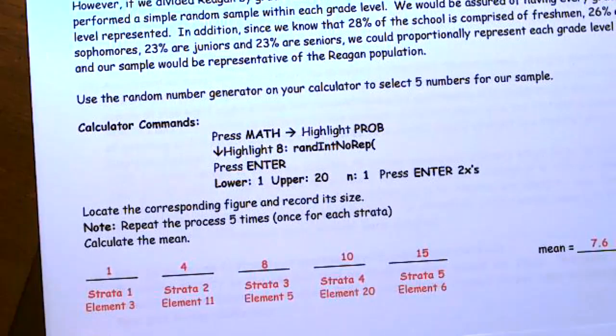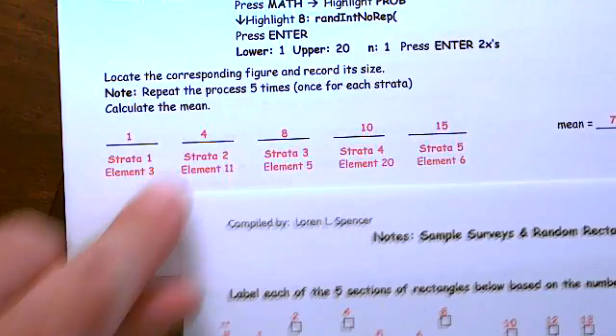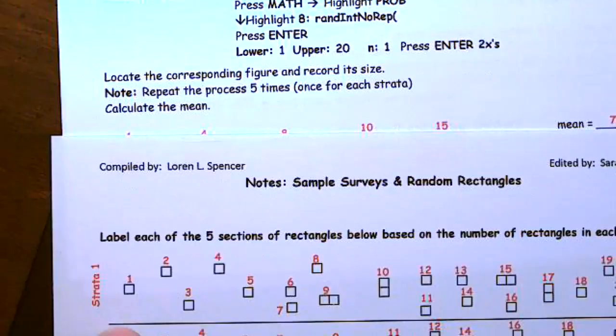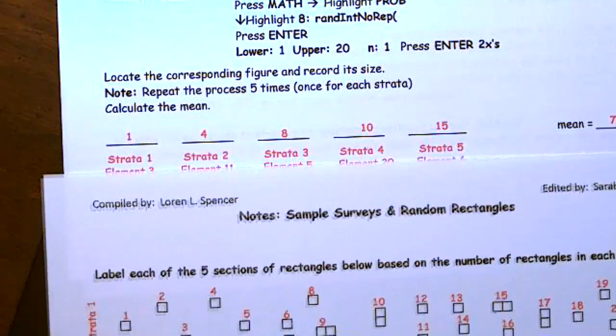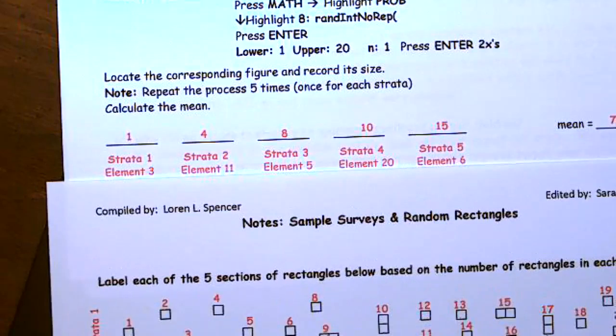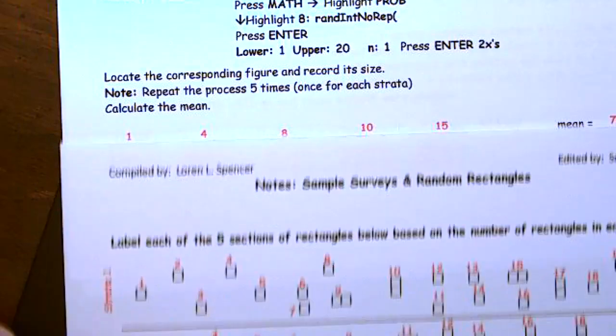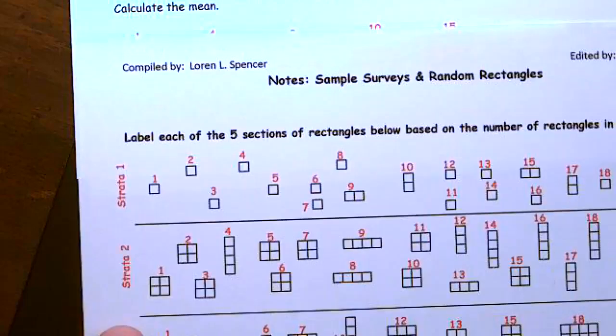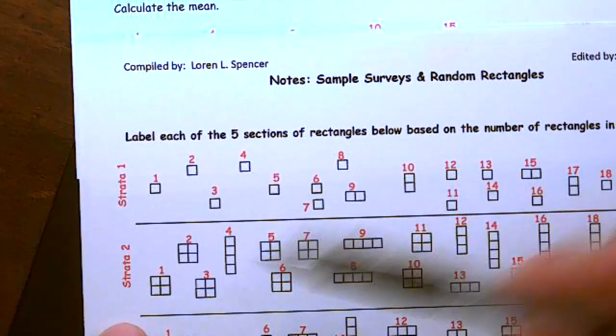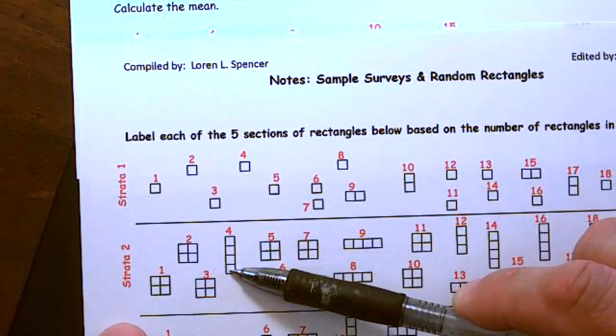When I did that, from group 1, I chose element 3. And element 3 was a 1. Then I went to group 2 and I chose element 4. Slide this up. And element 4 was 1, 2, 3, 4.